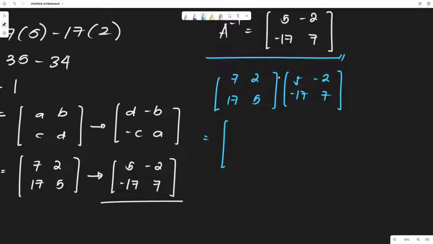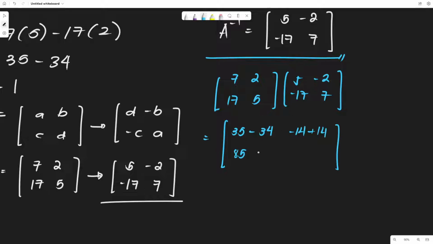So 7 times 5, that is 35. 2 times negative 17, that is negative 34. Then 7 times negative 2 is negative 14. 2 times 7 is positive 14. Next, we have 17 times 5, that is 85.